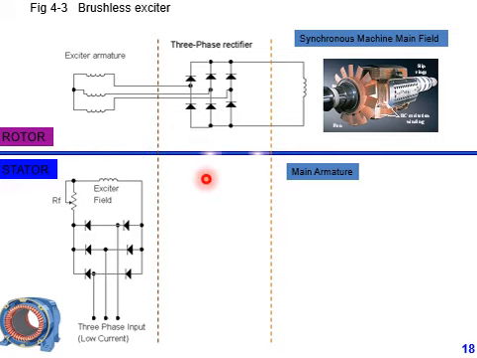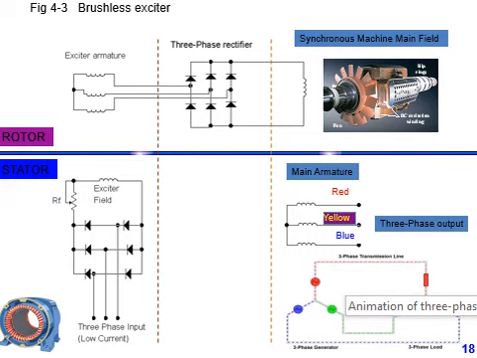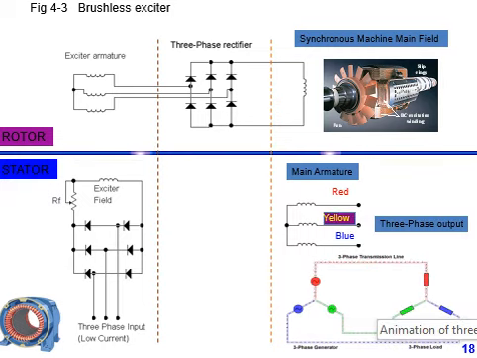Now if we come to the stator, the stator is basically the exciter, which has a three-phase low current input, but the output has three loads with red, yellow and blue colors.